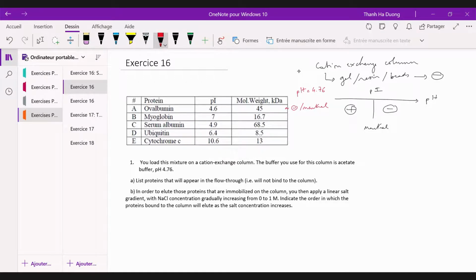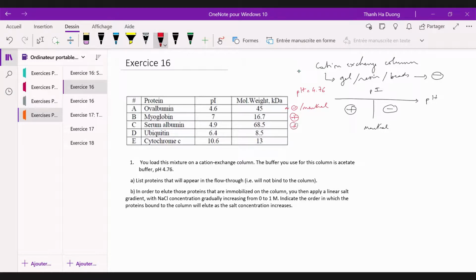The other, myoglobin, the B protein, is it positive or negative or neutral? The pI is always higher than the pH value, so it's positive.